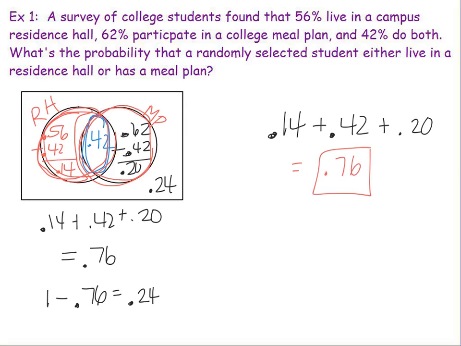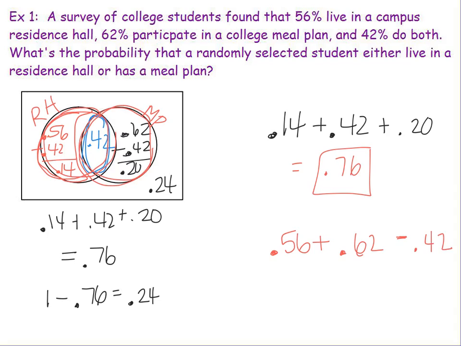Now, if we wanted to use the formula that we learned on the previous slide, we would say, well, the probability of a residence hall from the original word problem is 0.56, plus the probability of a meal plan was 0.62, but we have to subtract off the overlap, and that was 42%.